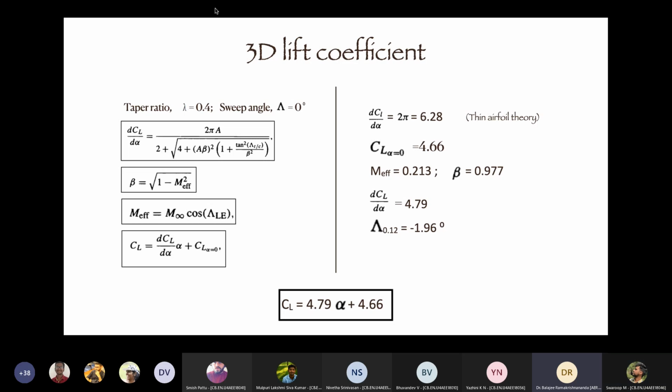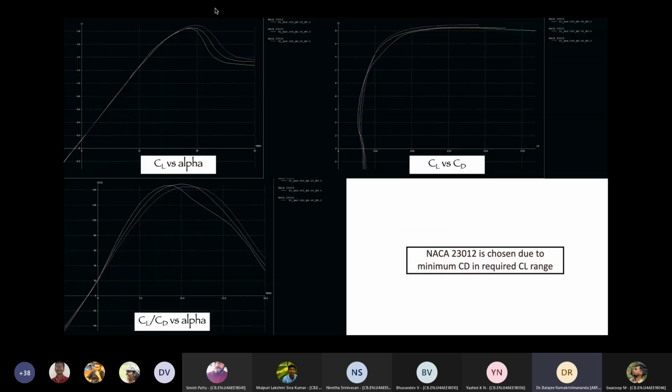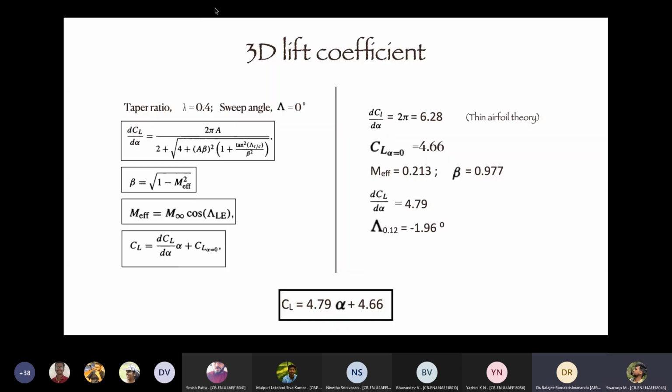So 15% is close to 14%. That will be a better option than 12. Not that I'm telling you are wrong, I'm not telling you are totally wrong, but it will be better if you take the 15%. Anyway, go ahead.